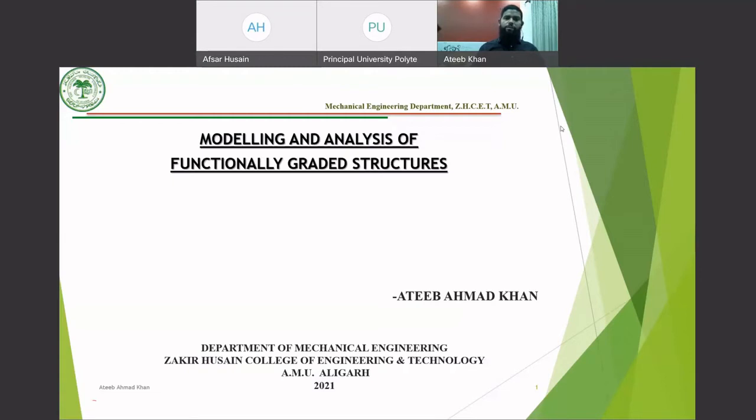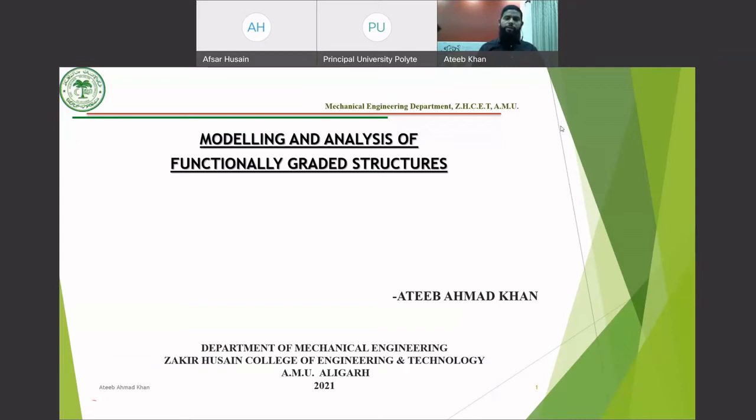Before barging into the mechanics of functionally graded structures and the modeling techniques of FG structures, let's try to answer a few of the queries which came to my mind when I first heard the word FGM.